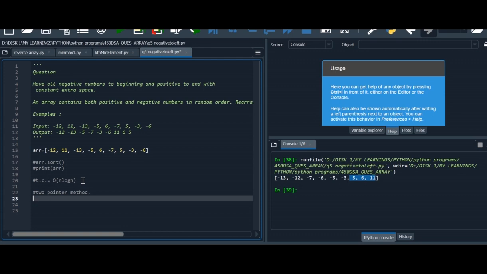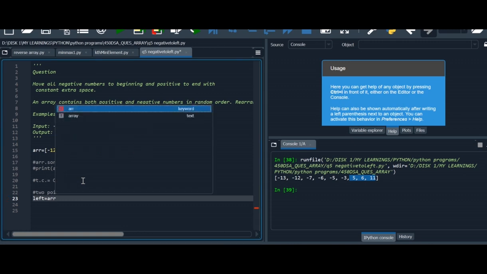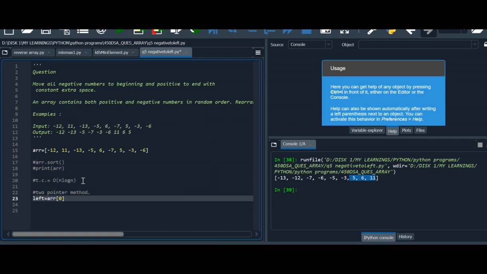So what we will be doing is taking two variables, left and right, which will contain the index values.